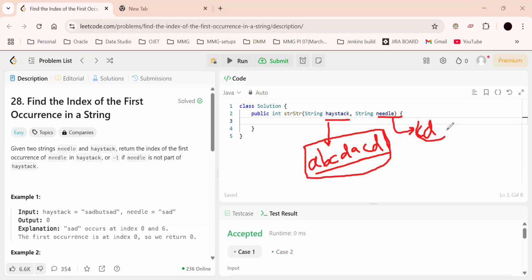And let's take the needle string as C, D. Now what we need to do is return the index of the first occurrence of needle. So we need to return the first occurrence of this particular CD string inside this.